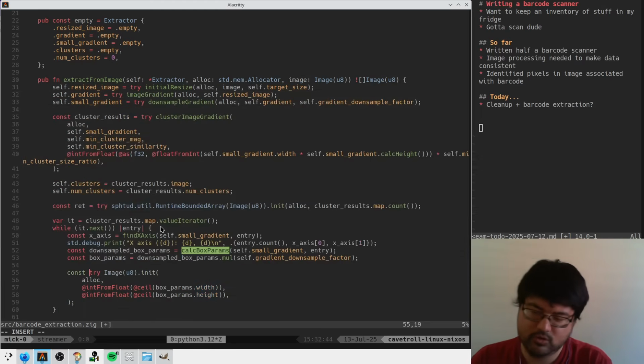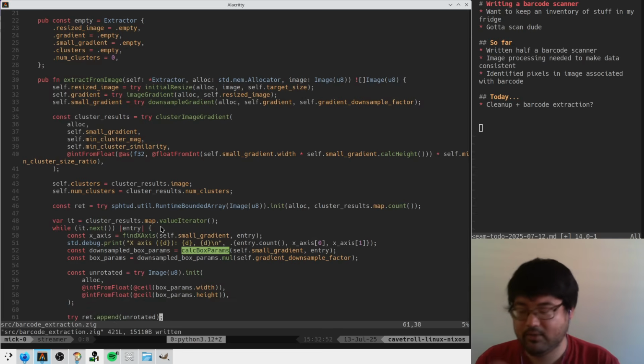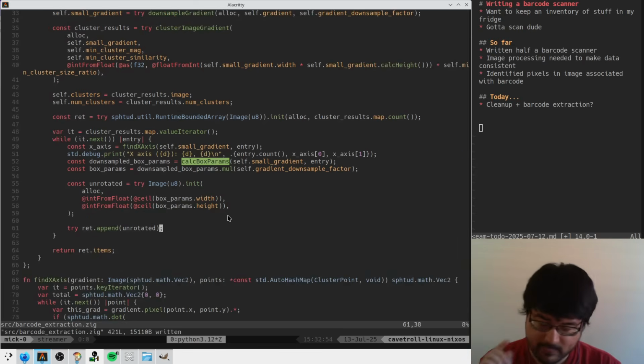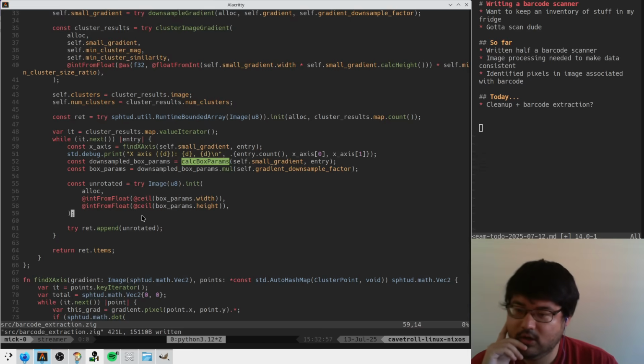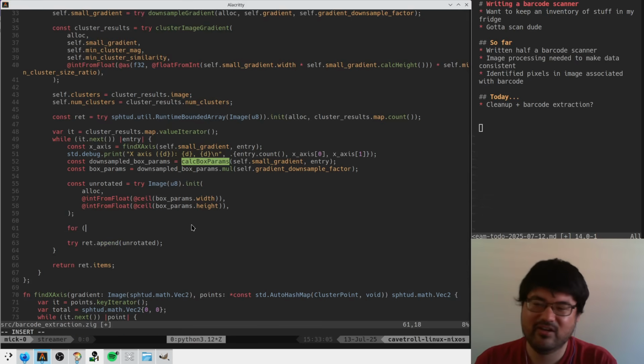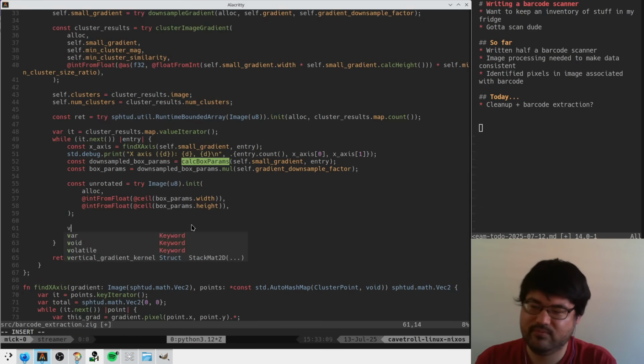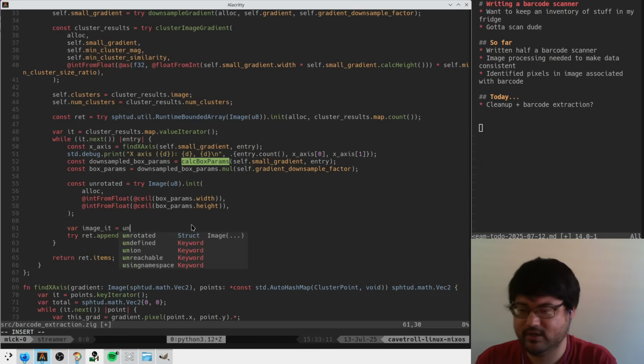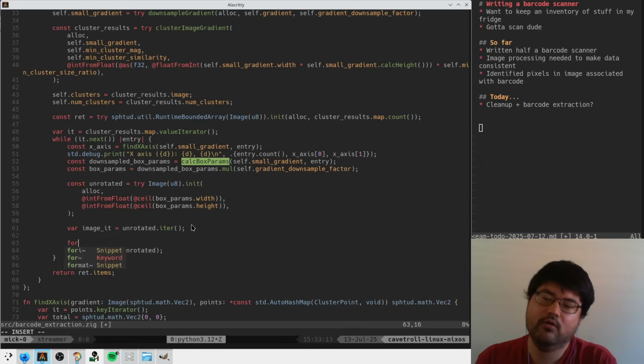You know, unrotated is this. Okay. Hype. Now what? Now what? We go image iterator is unrotated iter.